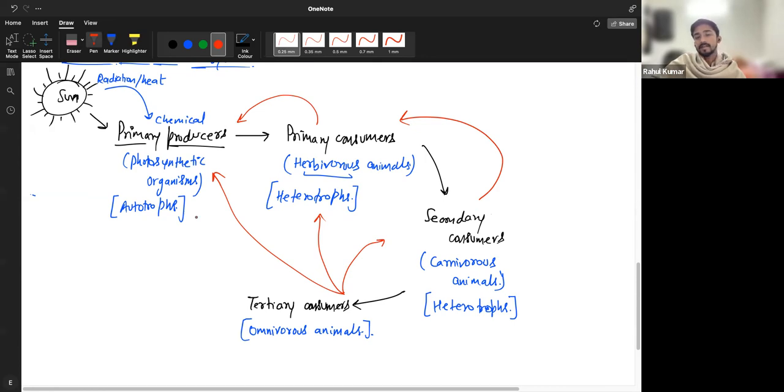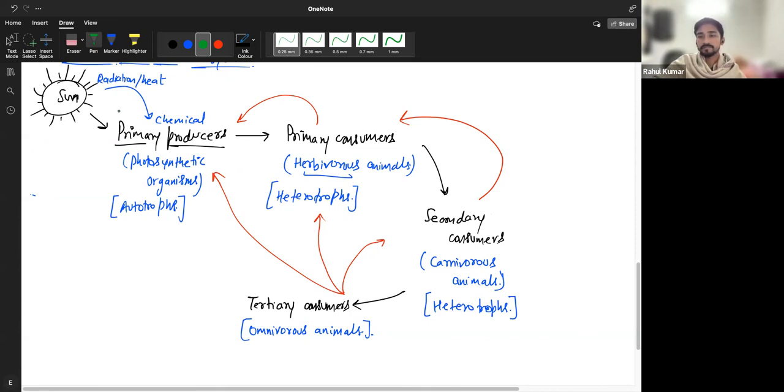And this kind of dependency which you see here, all the energy is coming from sun. Now in terms of energy, as the energy passes through the system, we will be studying it in energy flow, but let me just tell you here so that you keep this concept at the back of your head every time: primary producers use around or less than 1% of the energy that sun gives to the planet.